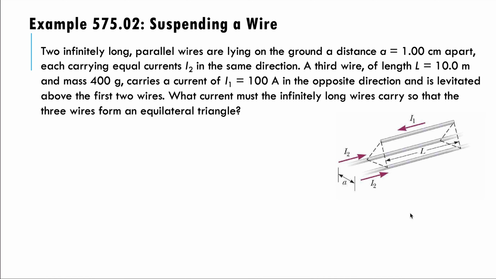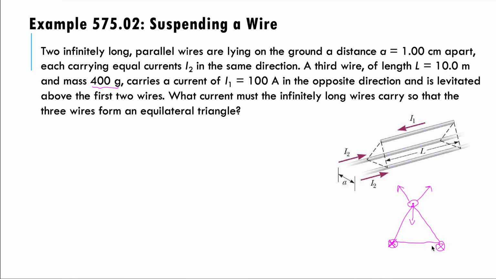If we draw an equilateral triangle, which is what we want, we have the two currents going into the page, the two I2s, and then the I1 coming out of the page. So it's going to experience a magnetic force due to each one going upward. And this wire has a finite length, and it has weight, where we're given the mass of it. And so we know that it's going to have a weight going downward.